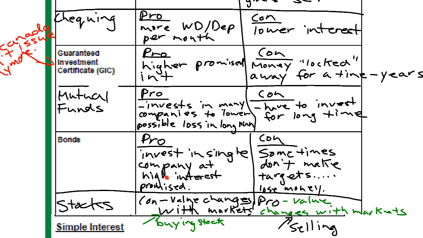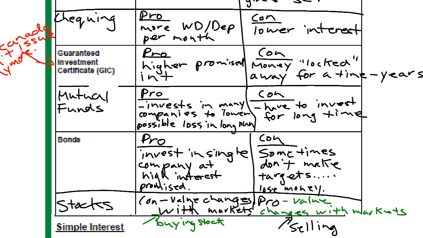And that IOU has a high interest rate because they want your money for a long time. They will give you that money if you leave it with them for, say, 3 years, 6 months, whatever, and they give you a high interest rate. Very similar to what we talked about in the previous investigation.